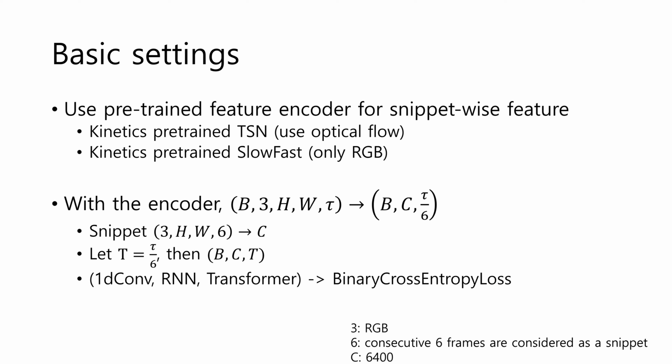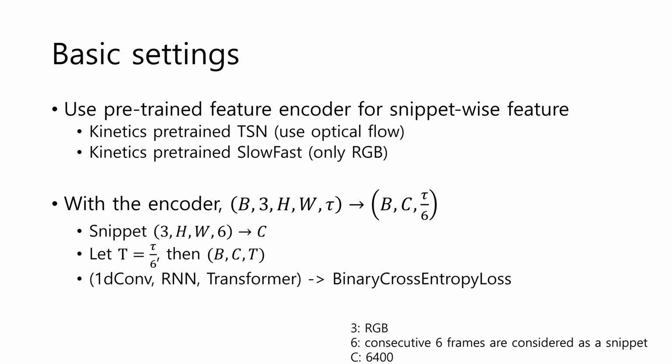As we mentioned in the former slide, we treat a video clip as an ordered list of short video snippets. For this, we utilized Kinetics pre-trained snippet feature encoders, following the prevailing convention of TAL and OAD, online action detection.